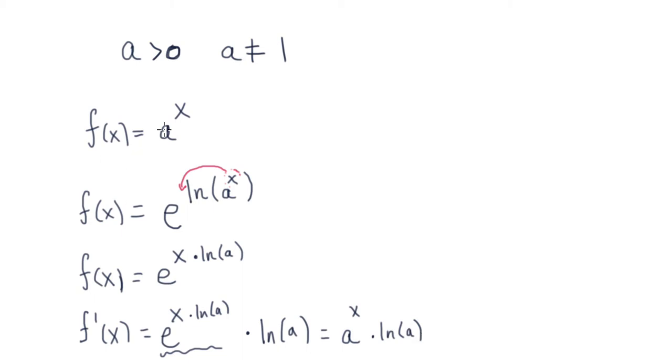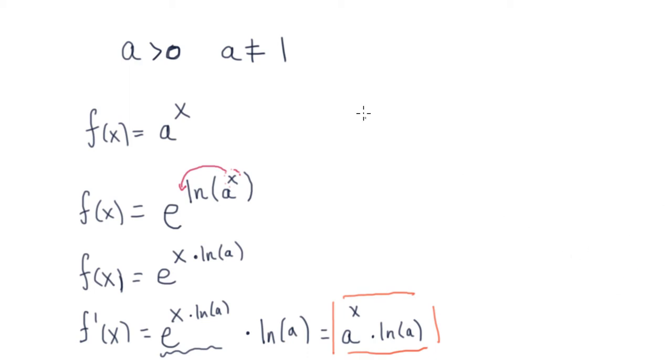So the derivative of a to the x is a to the x, just like e to the x, but we have to multiply by the natural log of the new base, in this case, a. And you see it's a special case when we have e to the x. The derivative of e to the x will be e to the x times natural log of e, but natural log of e is 1. So everything sort of fits together nicely with this formula.